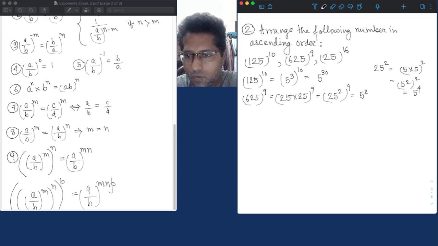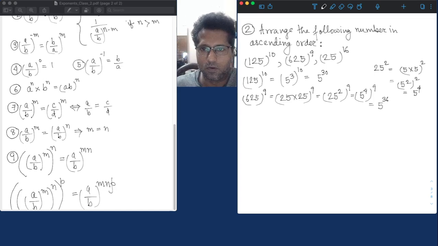So 25 square equals 5 to the power 4. So we can now write this as 5 to the power 4 and whole to the power 9. This is 5 to the power 9 into 4, 36.